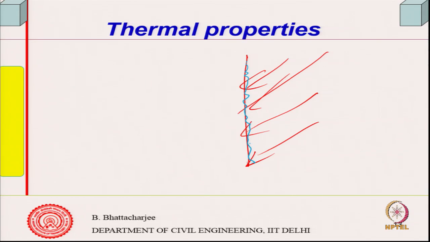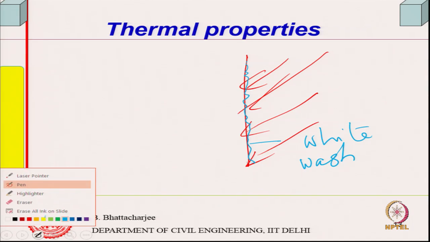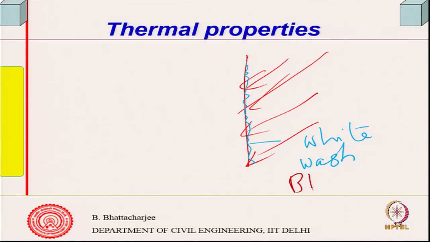For example, a whitewashed surface will not absorb much. Black absorbs more. A blackened surface absorbs more.